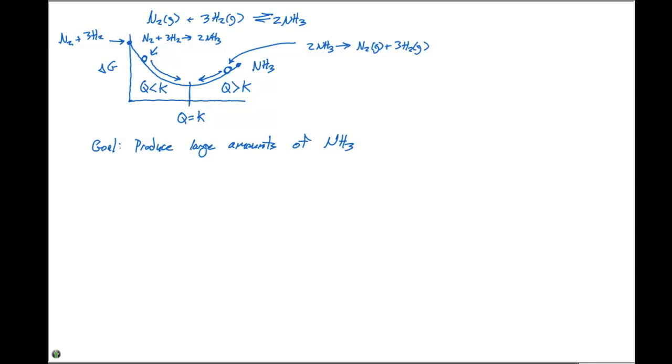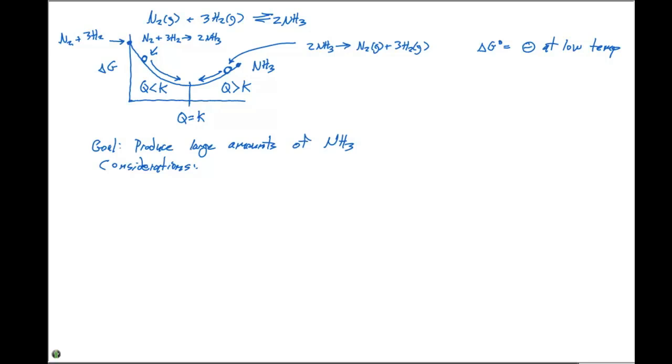The considerations that go into this are the following. In this particular process, our delta G, or our delta G naught, is negative at low temperatures.